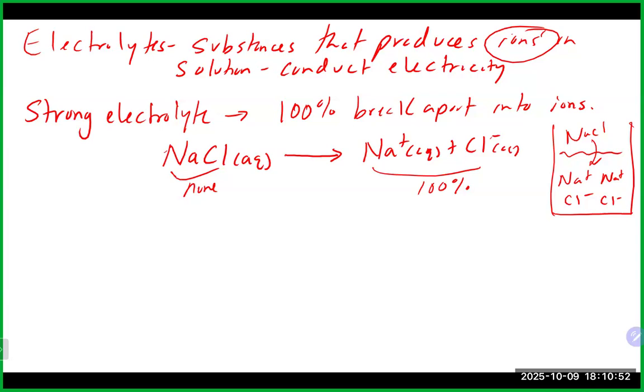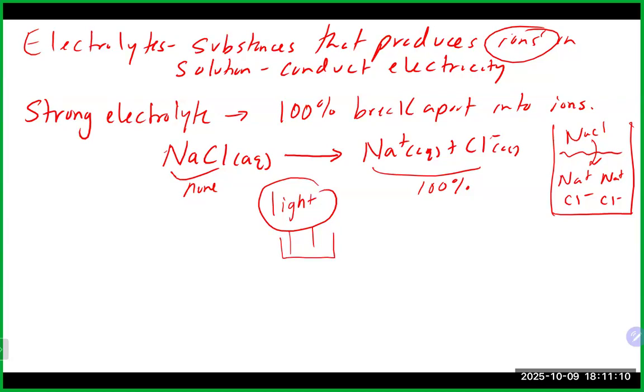And because it completely breaks apart and produces a lot of ions in that solution really quickly, it's a very good conductor of electricity. There used to be experiments where they'll take a light bulb with electrodes attached to it and put it into some solutions.